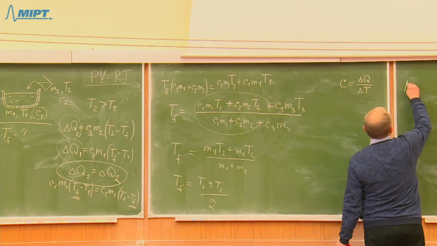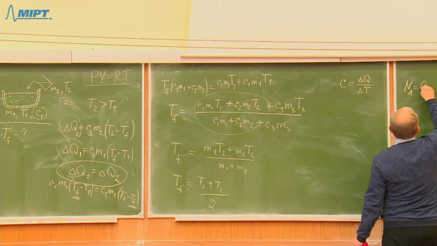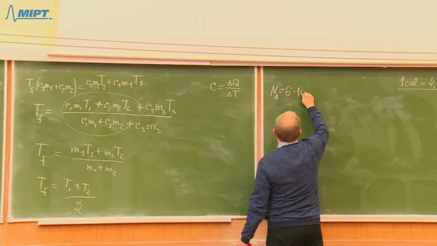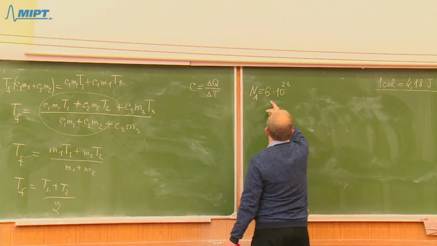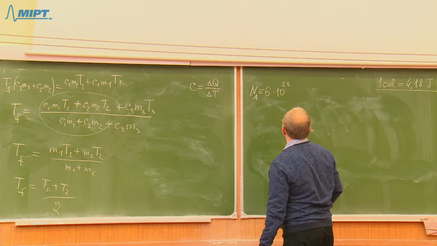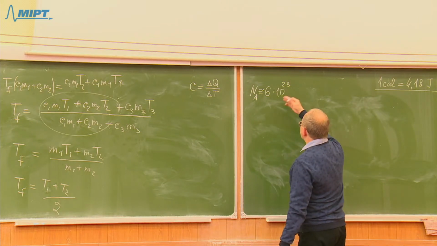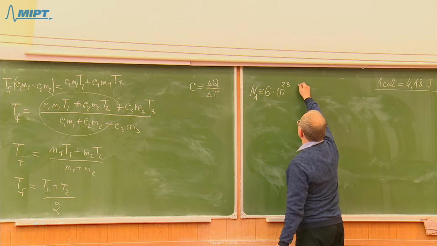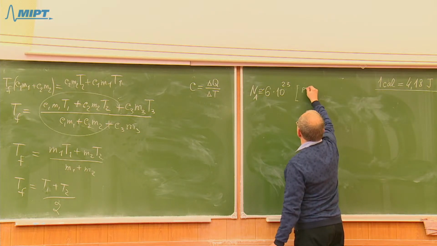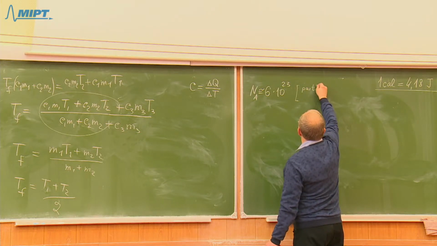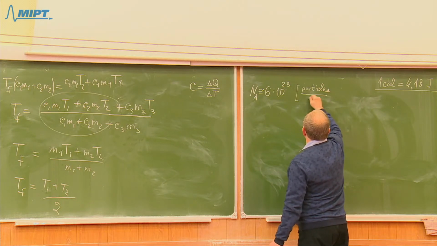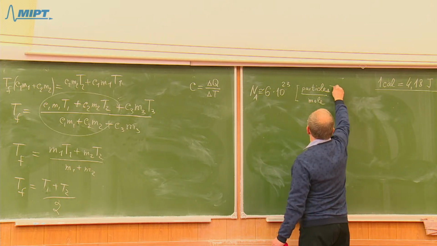That is the number of molecules in a single mole. This is a dimensionless number, but actually the meaning is number of particles per mole of any substance.